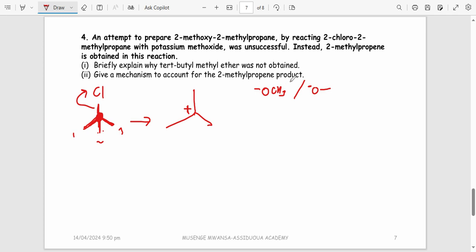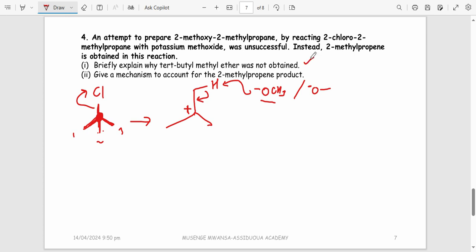Because SN1 reactions prefer going by a weak nucleophile, but this one is a strong nucleophile. So the reaction still prefers getting to grab a hydrogen here and then this bond getting to break. Okay, so that is why.